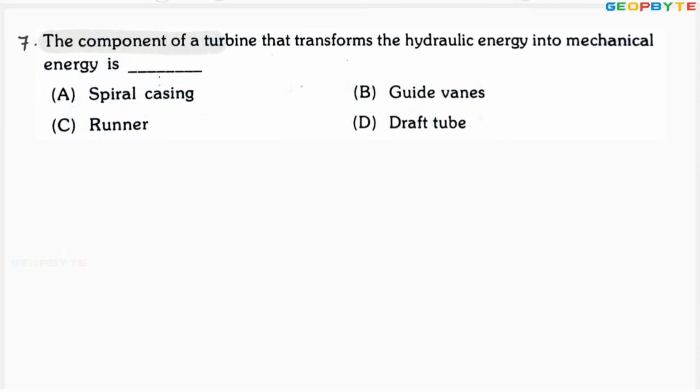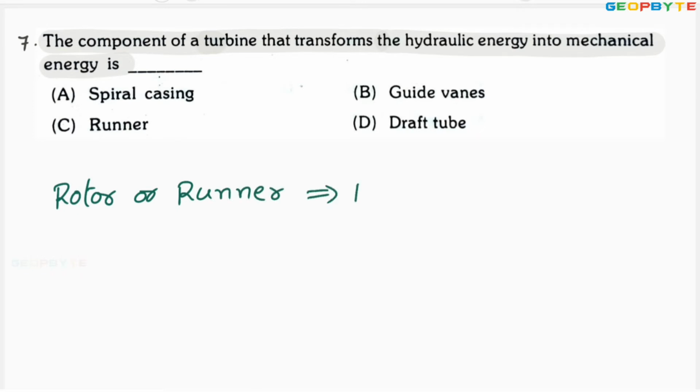The component of a turbine that transforms the hydraulic energy into mechanical energy. You know, in hydraulic turbine, the rotor or runner is used for converting the hydraulic energy to the mechanical energy.